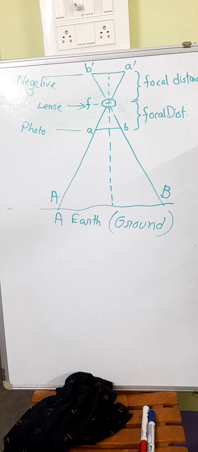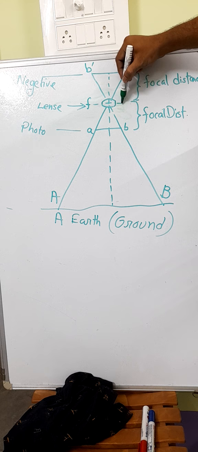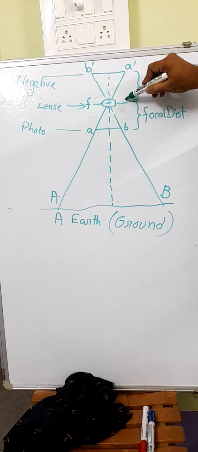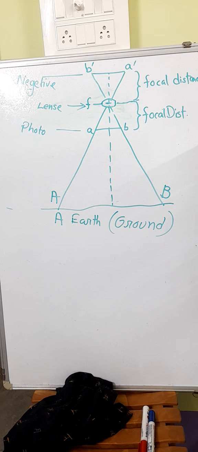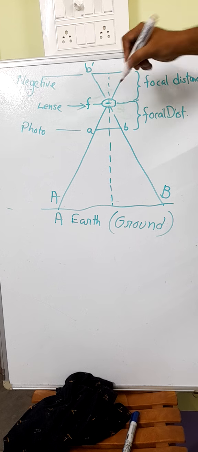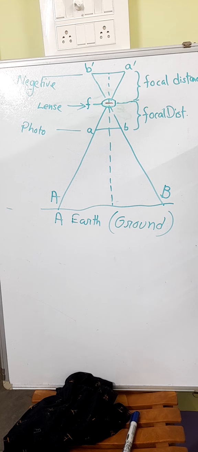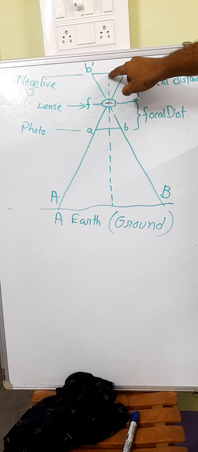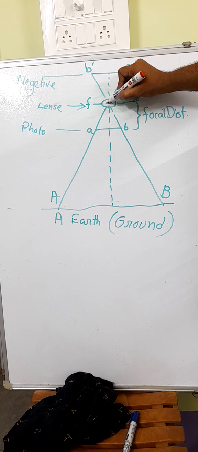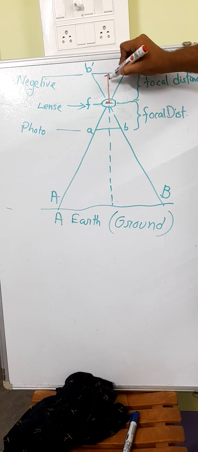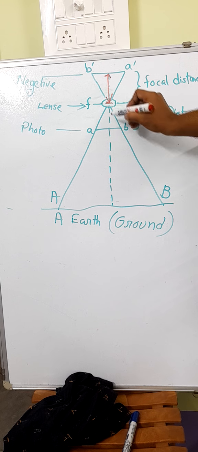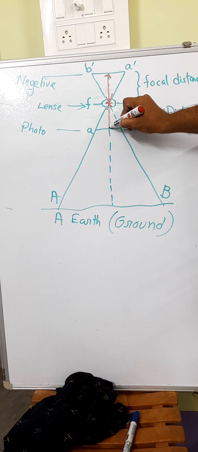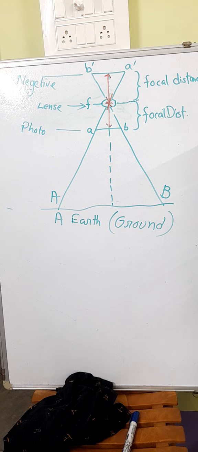See the distance. Suppose this is the body of the camera. The distance between the focal point, the middlemost point of the lens, and the negative, this distance or this distance, both are the same by the way.